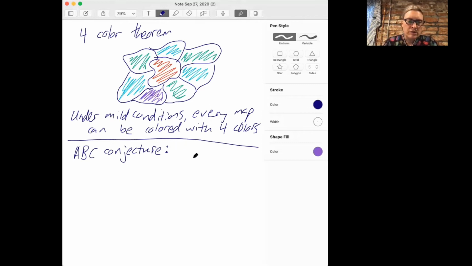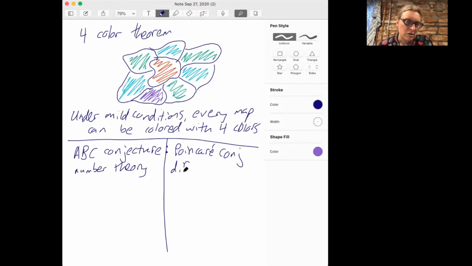Another one was the Poincaré conjecture. These are two completely different conjectures. One of them is in number theory, and the Poincaré conjecture, I'd say, is in differential geometry.